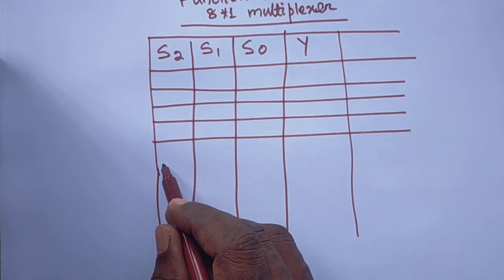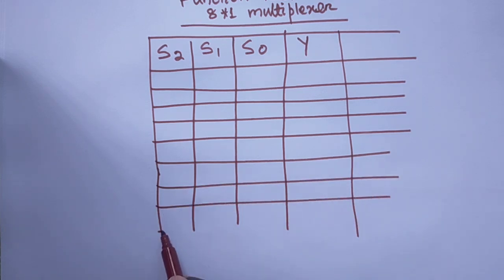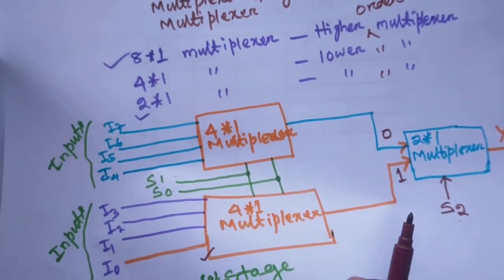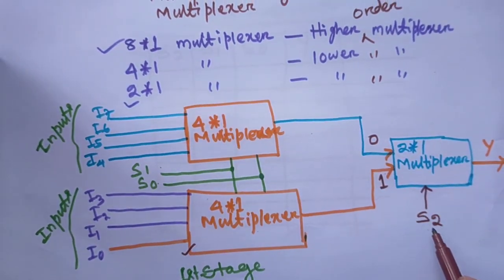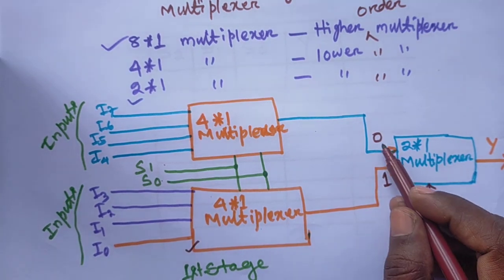One, two, three, 4, 5, 6, 7, 8. Okay, now see. We have already discussed S2. S2 is either 0 or 1.